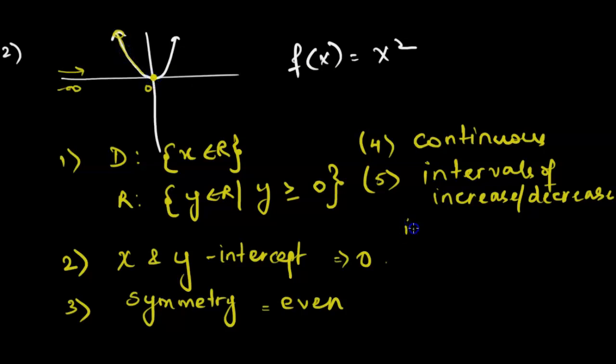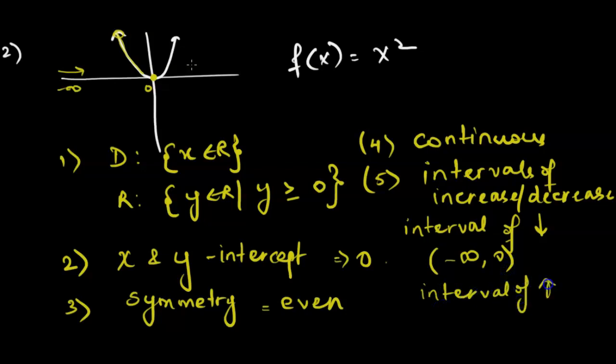So there is an interval of decrease. We can write it down with this arrow, from negative infinity to 0. Then we have an interval of increase, because from 0 to positive infinity, this graph does not stop here, it keeps on going up. That's why we say positive infinity. So from 0 to positive infinity, it shows us an interval of increase because the graph starts going up.